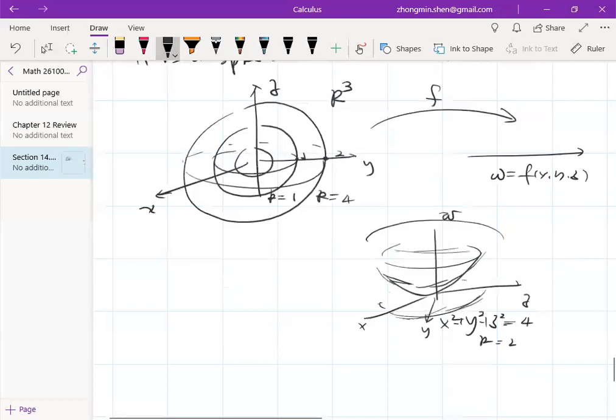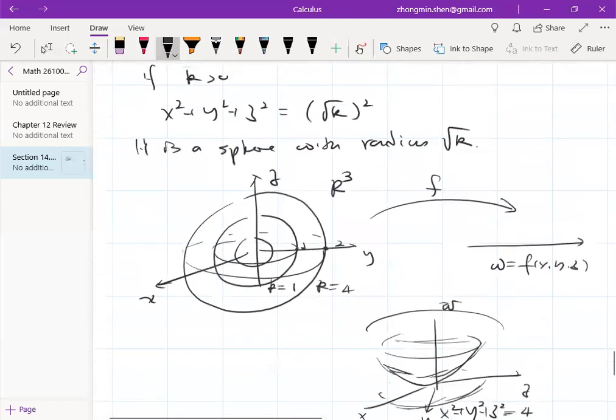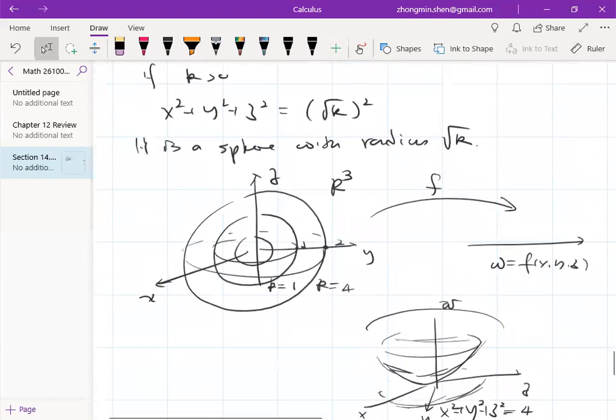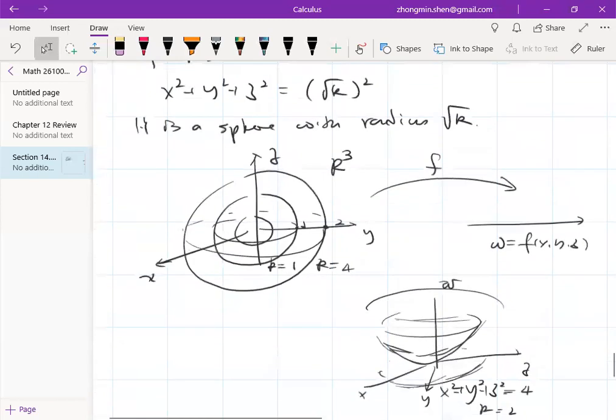So there's a limitation here. That's the reason we can only draw the contour map for the function in 3 variables, because we can still imagine this contour map in 3-dimensional space. We can still see it, visualize it. And it's not called level curves, it's called level surfaces.